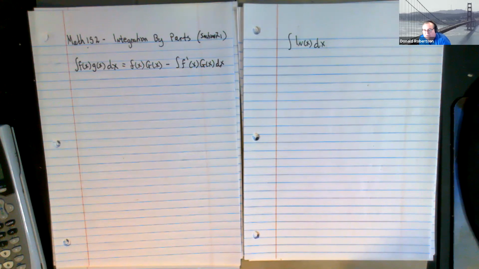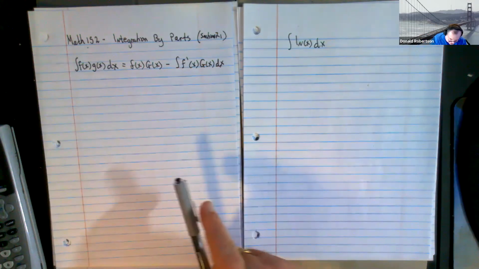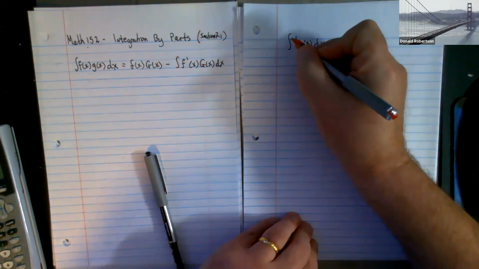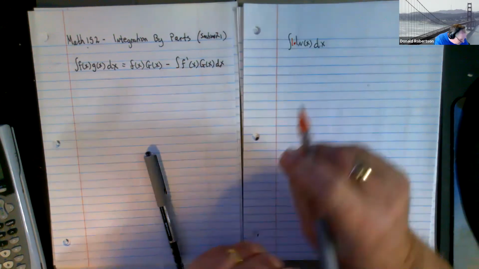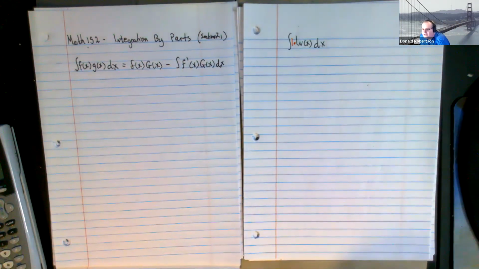How can you use integration by parts when there aren't two parts? There's only one function here, log x. Well, you kind of cheat. You call it 1 times the log of x.